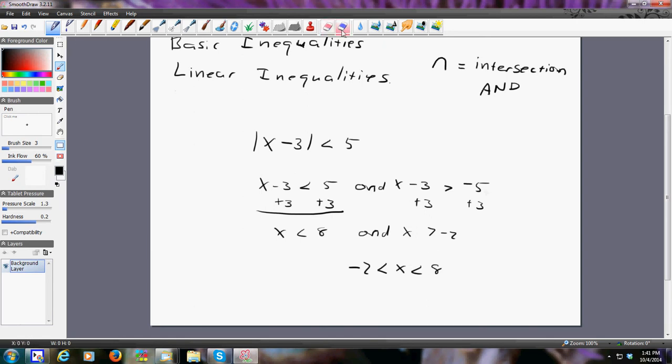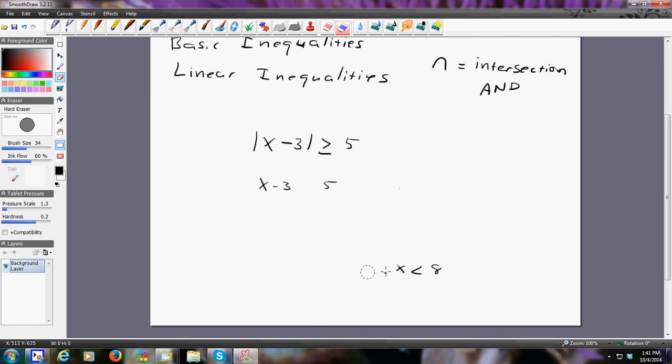So I'm going to do one last one, and I'm just going to switch this inequality sign around. And watch what happens here. I'll use greater than or equal to, and I'll erase everything. This time, the absolute value of x minus 3 is greater than or equal to 5, so x minus 3 is greater than or equal to 5, or x minus 3 is less than or equal to negative 5.